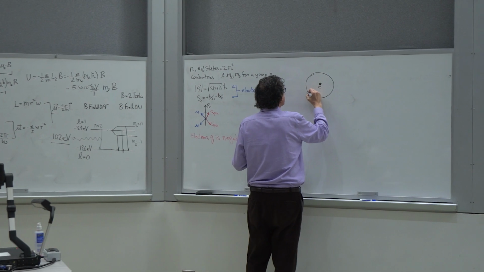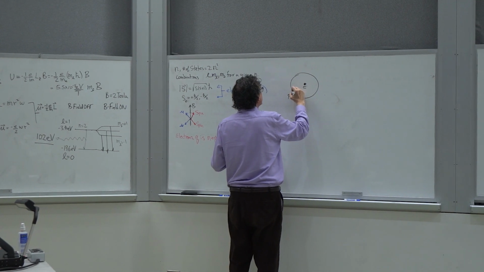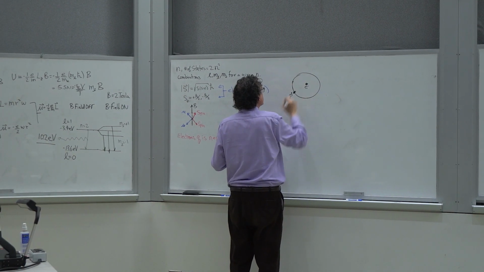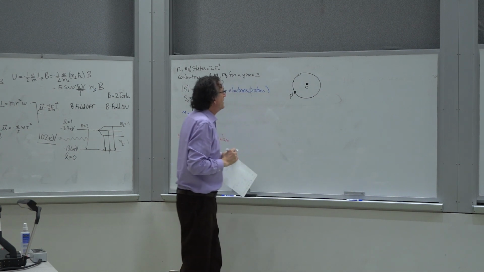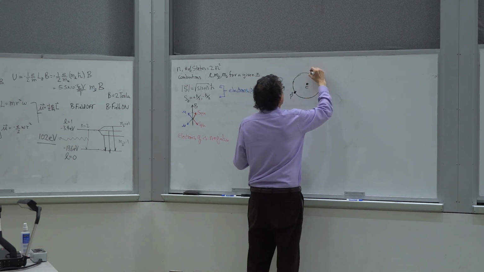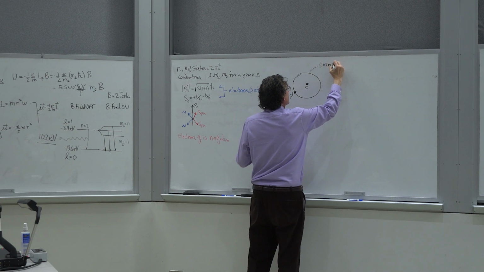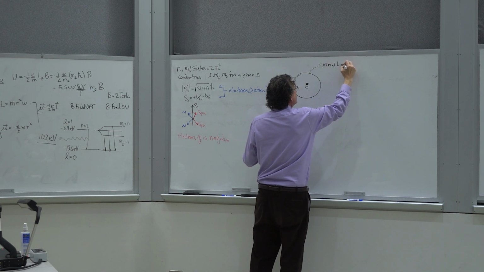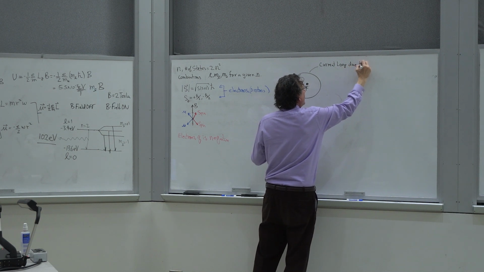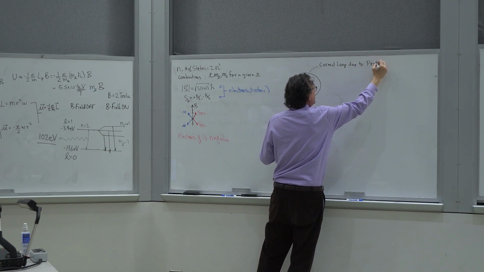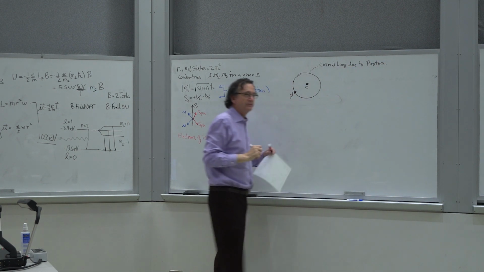So I would see the proton zipping around in this direction, and it has positive charge, right? So this now forms what I call a current loop. Current loop due to the proton. Everyone see that?